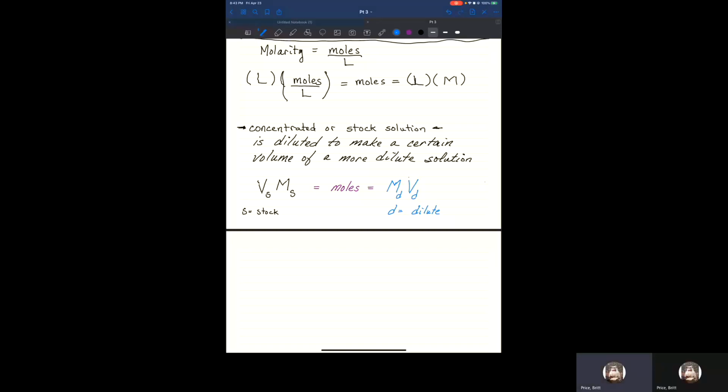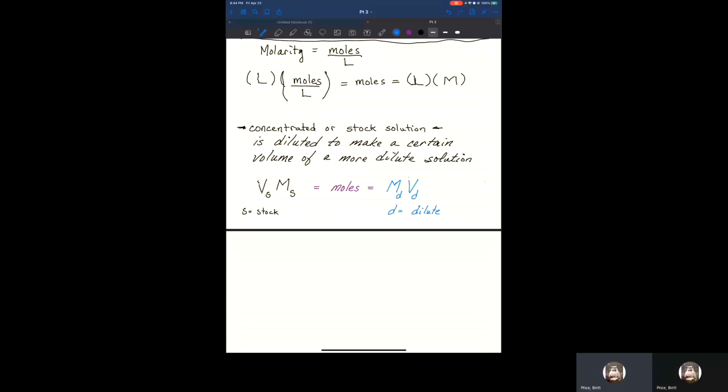Just to give you a little insight, the lab that we did where we were using 1 molar acid and 1 molar sodium hydroxide, I'll tell you right now that we were running out of both of those in the 1 molar concentration.